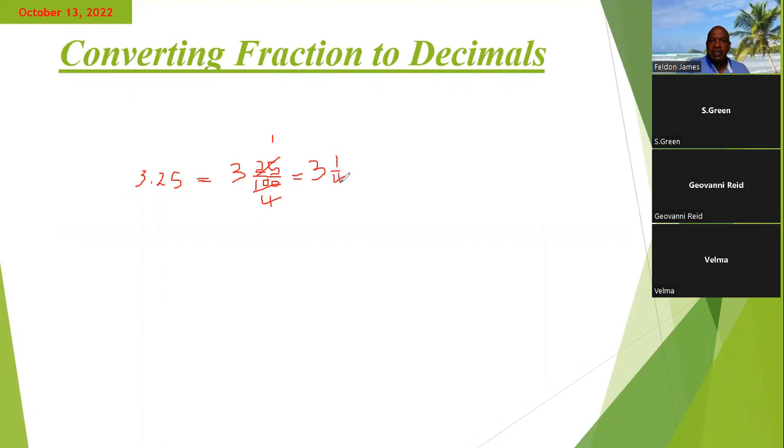And so that's the general way we convert decimals to fractions. Is that clear to everybody? Yes, sir. Right, so that's it. Let me see the hands of those who are comfortable with this.